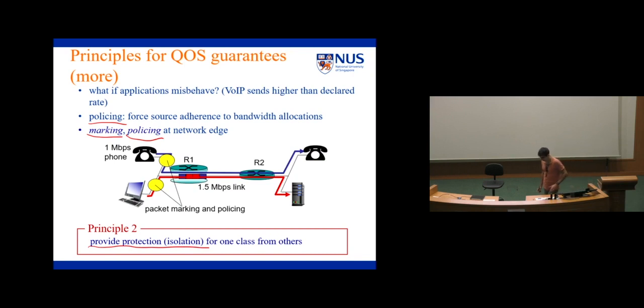So perhaps, how can we do it? Well, yes, we give priority to the voice over IP, but we still isolate the other application a little bit, so that even if the voice over IP application overreaches and uses up more bandwidth, we still ensure some capacity, some throughput, for other applications.